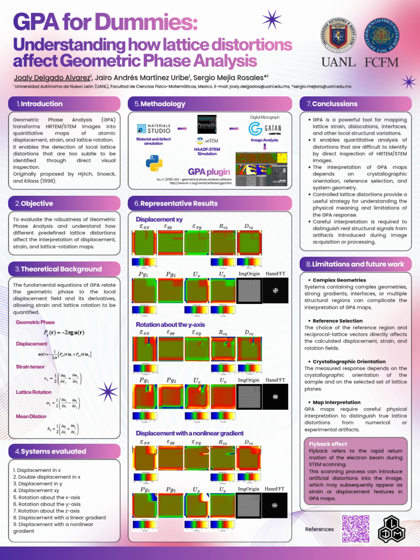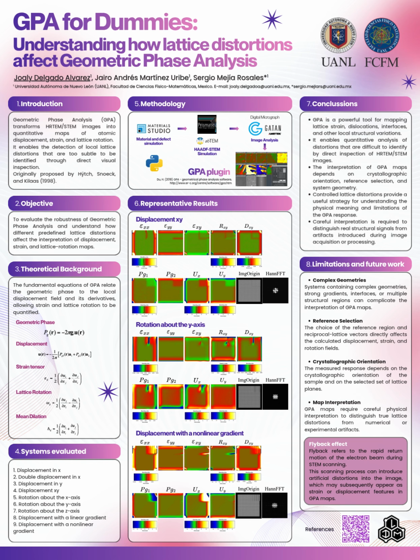From this study, we conclude that GPA is a powerful tool for mapping lattice strain, dislocations, interfaces, and other structural variations. It provides quantitative information that may be difficult to obtain through direct inspection of the HRTEM or STEM images.